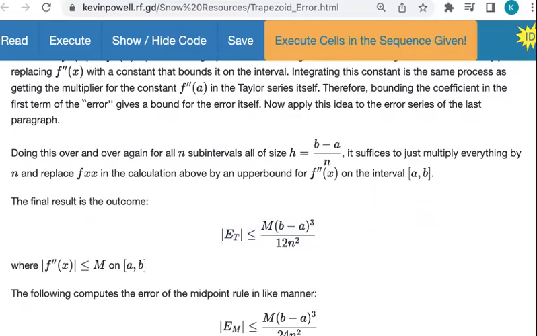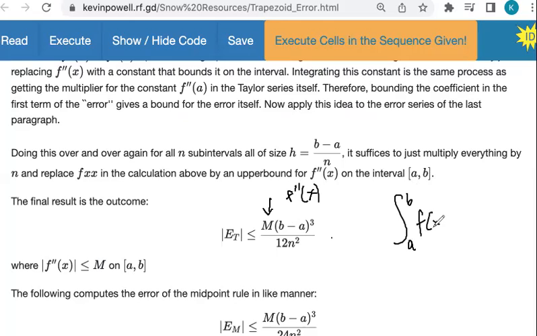Well, let's take a look at this. This m right here simply means a bound for the second derivative of f when we're integrating f of x dx on an interval from a to b.